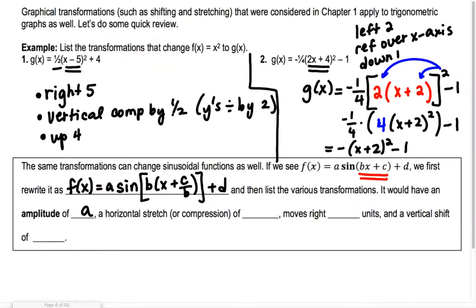A horizontal stretch or compression, so if I have B, it would be a horizontal stretch of really the reciprocal, 1 over B. It moves to the right negative C over B units, and a vertical shift of D. This will make more sense with actual numbers. Don't worry too much about those.